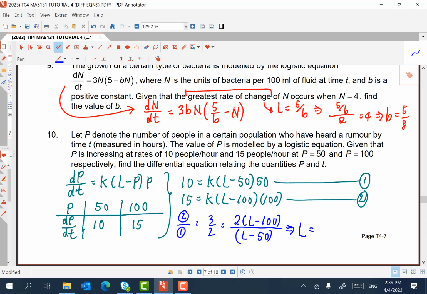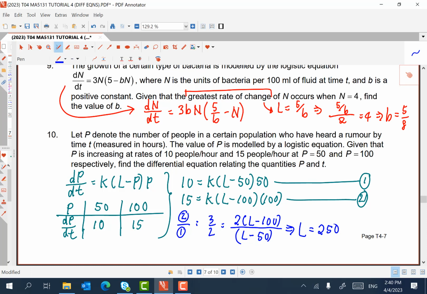3L minus 150 equals 4L minus 400. So L is equal to 250. Check for me, is it 250?